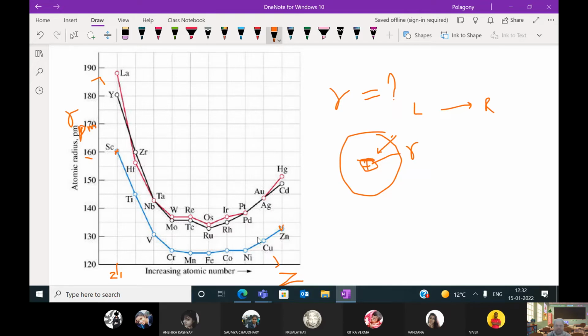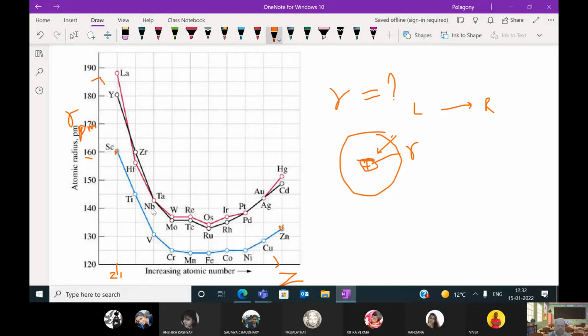And one more concept we have to talk about. If the atomic size decreases from left to right, the atomic mass also increases, no? Atomic mass increases, and due to the increase of atomic mass, the density of the atoms also increases.